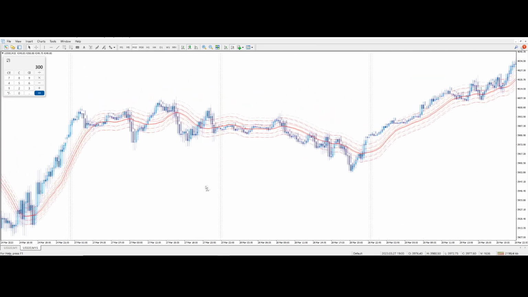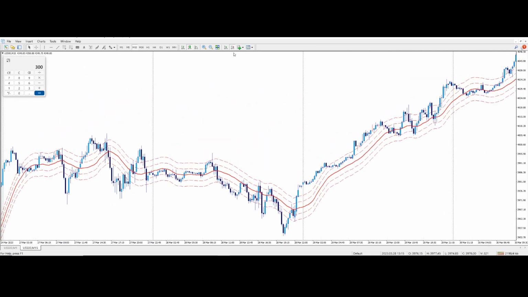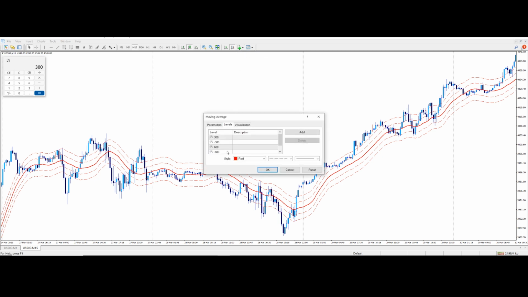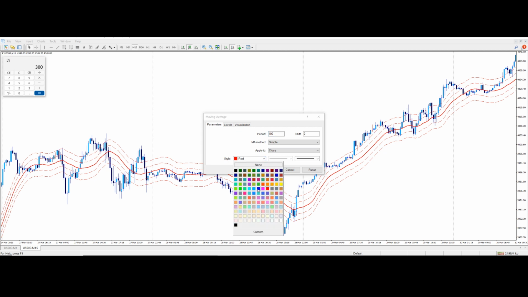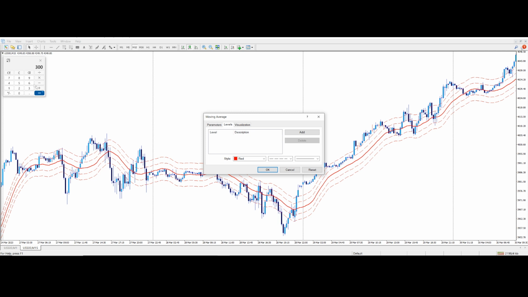Okay, you have this. Let me have you just again the 100. Now let's do it in blue. Let's have the 100, and we remember that the 100 moving average is 100 multiplied by the time frame. It's 1500.